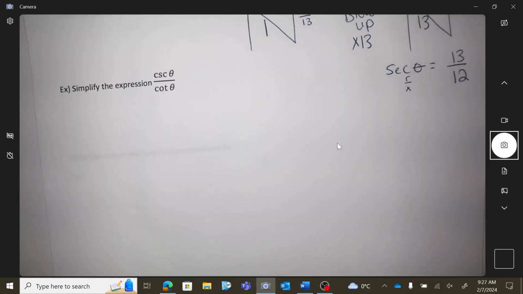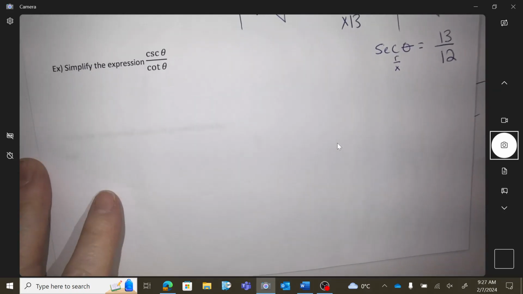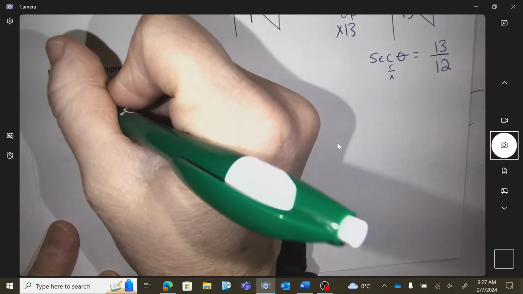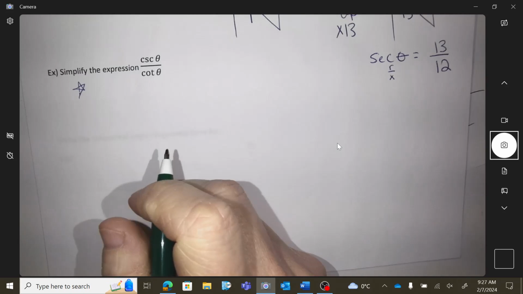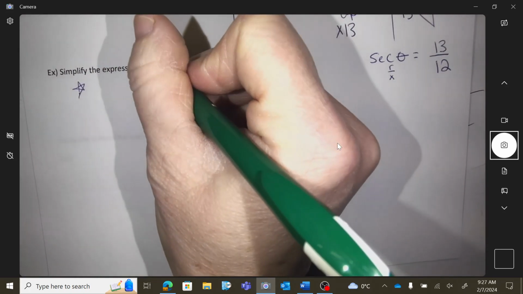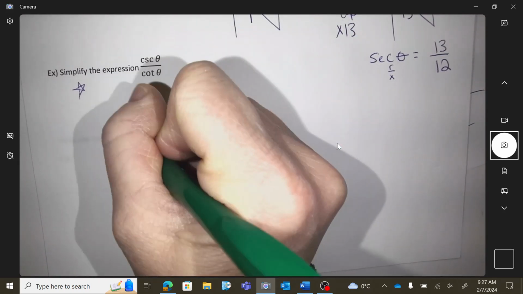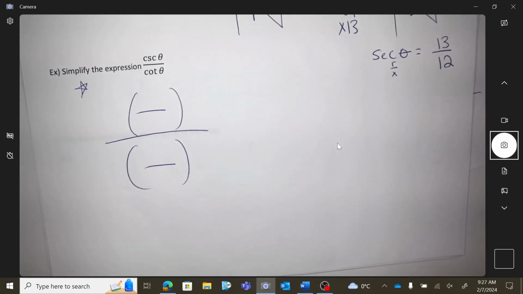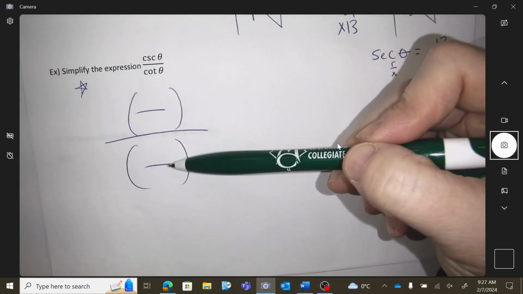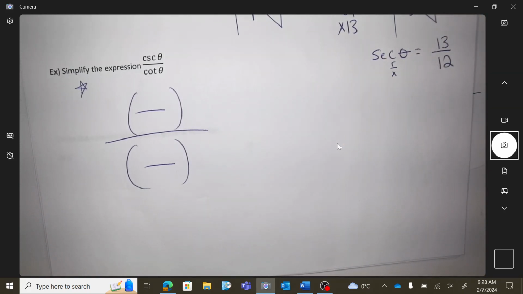Okay, last one. Simplify this expression. So I know this is like probably the first question on the test, something like this. Okay, so I need you to give me a fraction for cosecant. What two letters? And I need you to give me a fraction of what two letters for cotangent. That's what you're going to do.